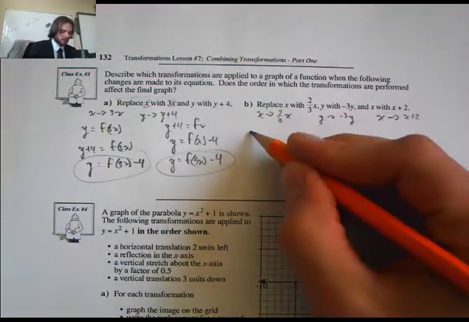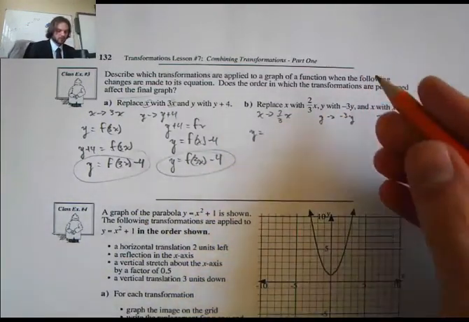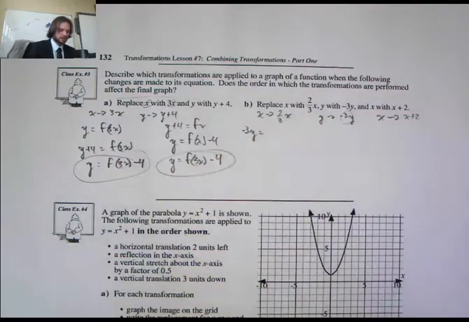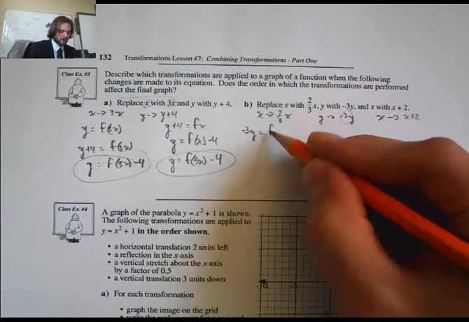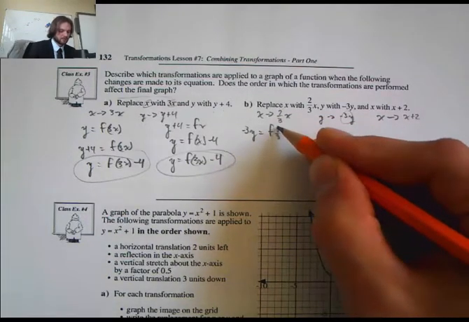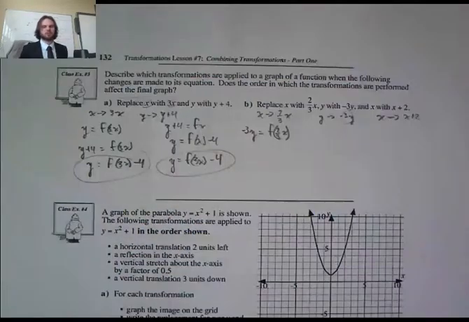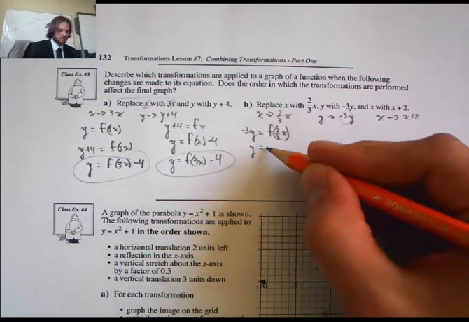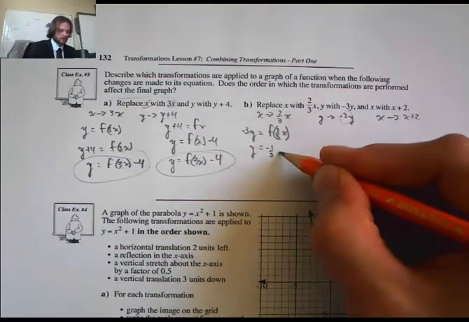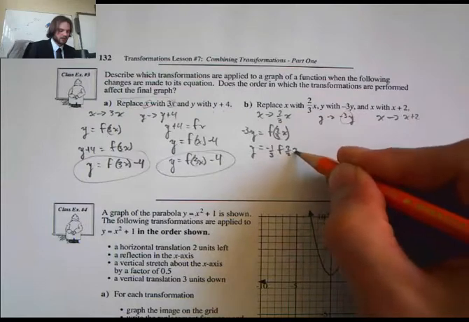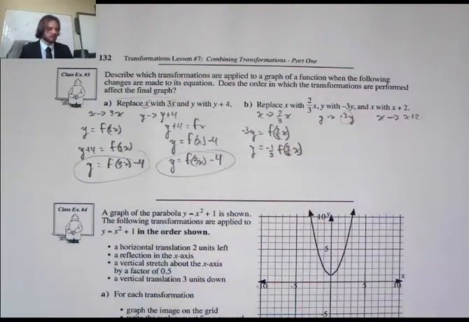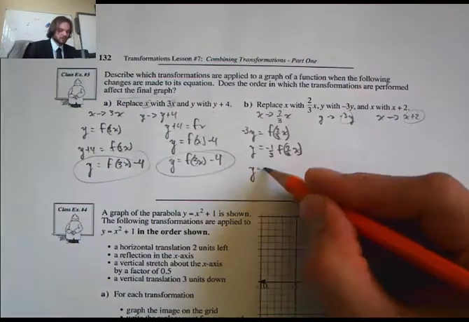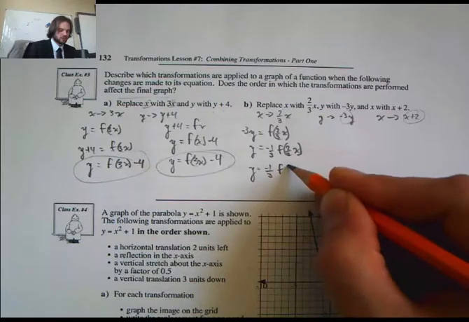We're doing our stretches first, there's a stretch here, so I'm going to say negative 3y is equal to f of 2 over 3x. Okay, so my stretches are in, and I also put in my reflection. So that's going to end up giving me y is equal to negative 1 over 3 f of 2 over 3x. Okay? Now it wants us to put in the x plus 2. So that gives me y is equal to negative 1 over 3 f of 2 over 3.